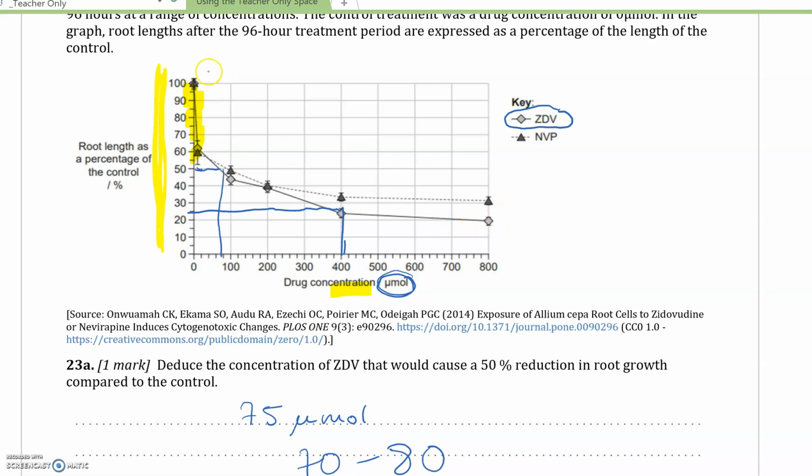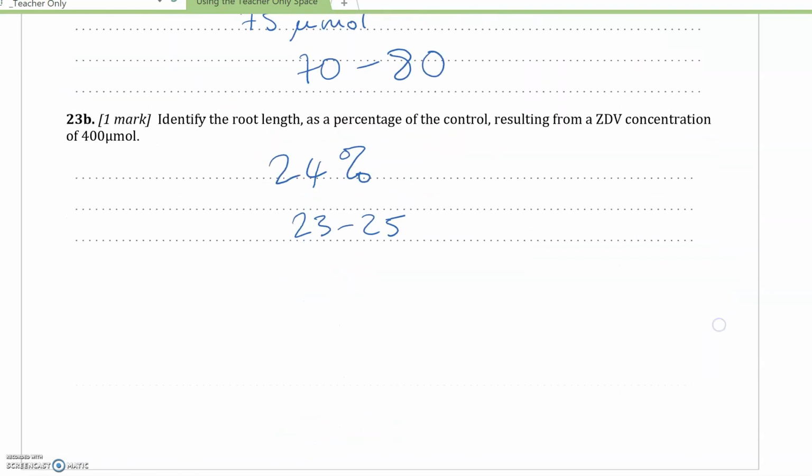You could also say that both ZDV and NVP have the greatest change in growth at the lowest concentration, so in this yellow section of the graph. At this point here, they seem to have the same effect, and they both level off at this point here, okay, at 400 micromoles. So those could be your similarities.